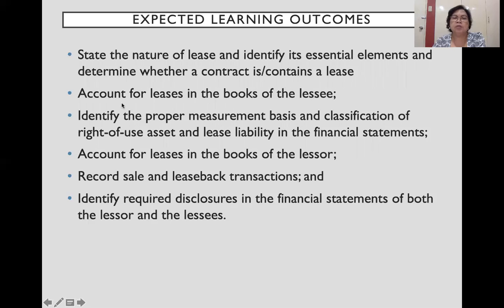You should be able to account for leases in the books of the lessee, identify the proper measurement basis and classification of right-of-use asset and lease liability in the financial statements.